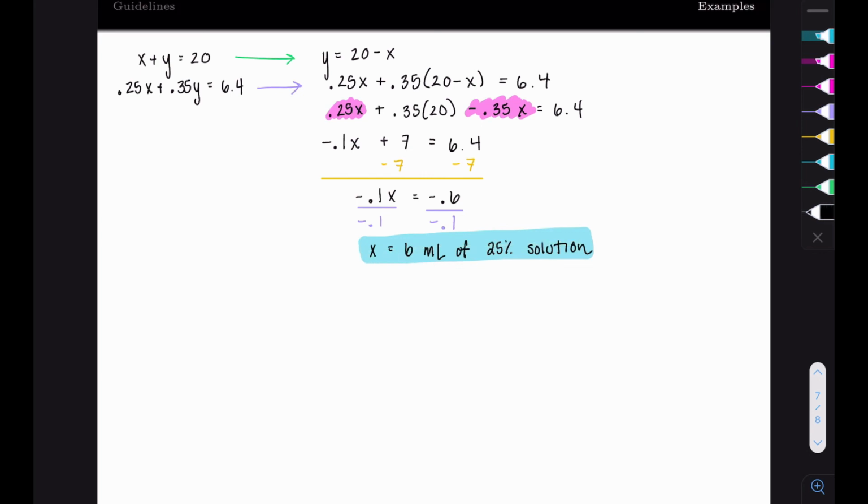Now I need to figure out how many milliliters of 35%. But that's where we go back to our y equaling 20 minus x. So plugging in that we just found x is equal to 6, our y is equal to 14. And so we need 14 milliliters of the 35% solution.